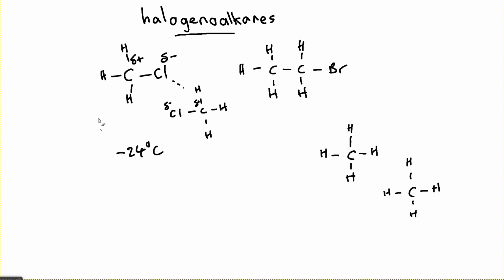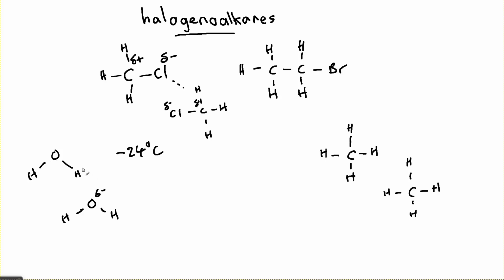gases. And also, because this interaction is still quite weak, it's much weaker than the interaction that exists between water molecules. Now we'll talk more about this interaction later on, but the interaction between water molecules is something called a hydrogen bond, which is much stronger than these dipole forces that exist in these halogenoalkanes.